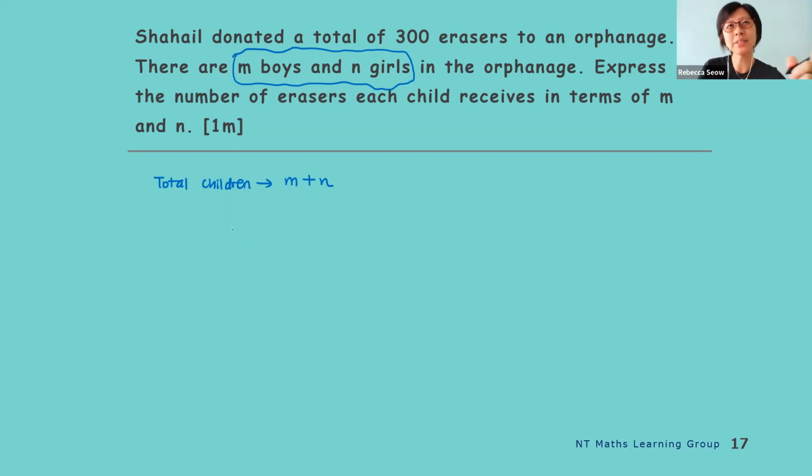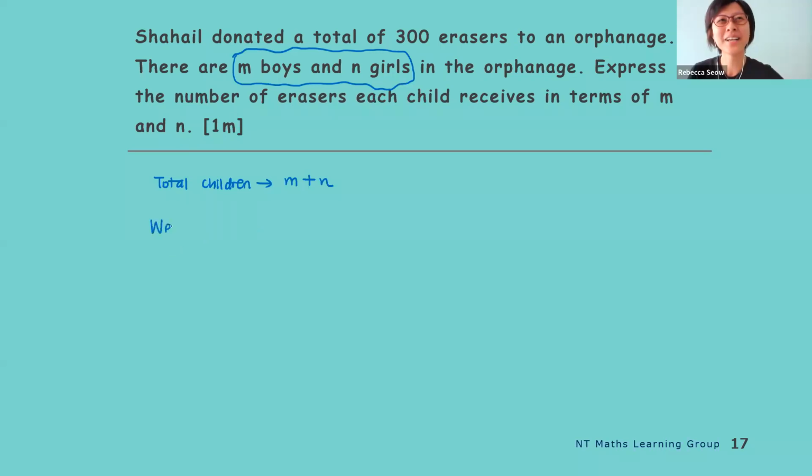So is it 300 divided by M plus N, or is it M plus N divided by 300? What is to be shared here? Do we share the children or do we share the erasers? You share the erasers, right? So you're supposed to take 300 divided by M plus N.